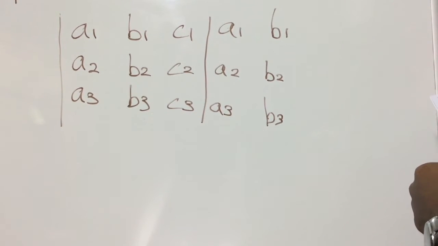So the determinant is equal to the sum of the products along the diagonals from the top left to the bottom right minus the sum of the products along the diagonals from the bottom left to the top right.